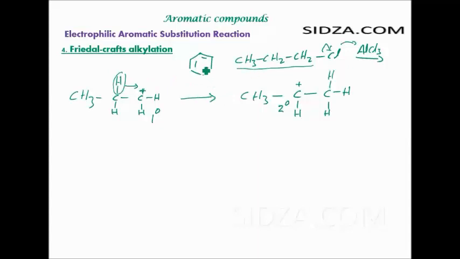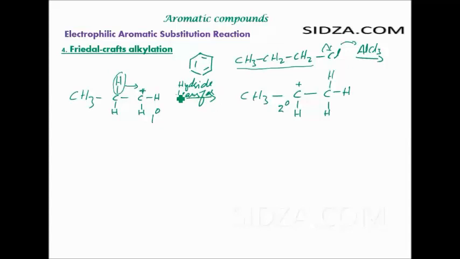So when you start the reaction with propyl chloride and benzene, you get the first carbocation, but there is also the possibility of rearrangement. Some of the molecules rearrange to form the secondary carbocation, and this rearrangement happens by hydride transfer. We call it a hydride transfer.